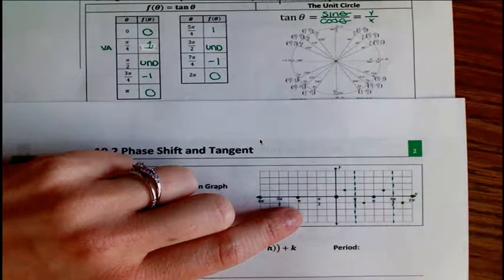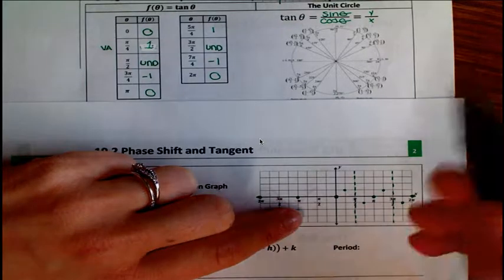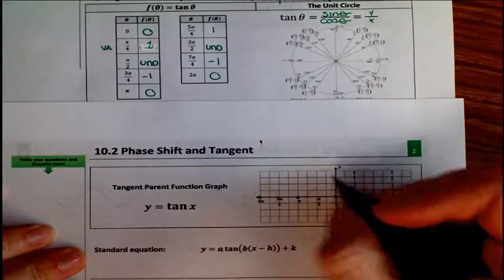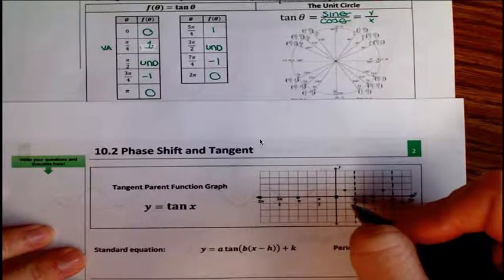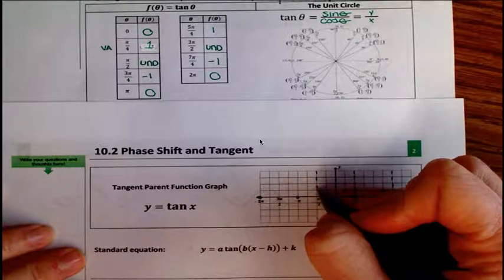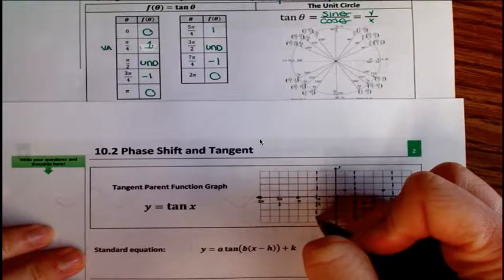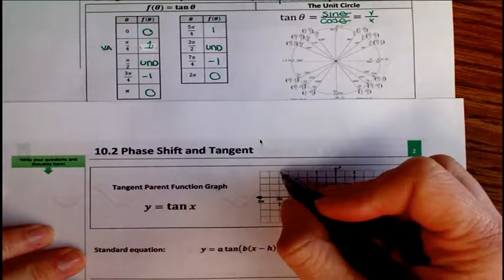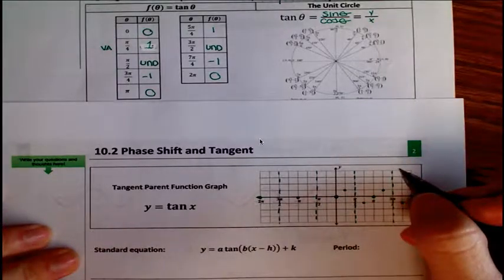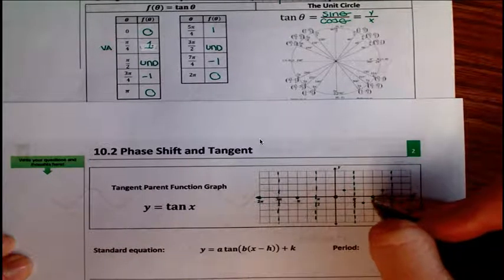Okay, so here's what that graph kind of looks like. At negative pi over 2, you are going to have an asymptote, and also at 3 pi over 2. And here's what's happening with our graph.